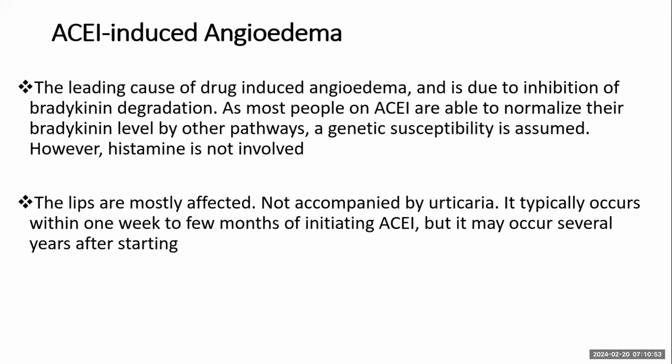ACE helps in the conversion of angiotensin 1 to angiotensin 2, and also the breakdown of bradykinins to other metabolites. When these bradykinins accumulate, it causes vasodilatation and extravascular fluid penetration, leading to edema and angioedema.